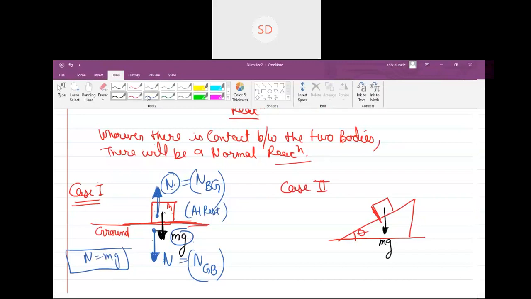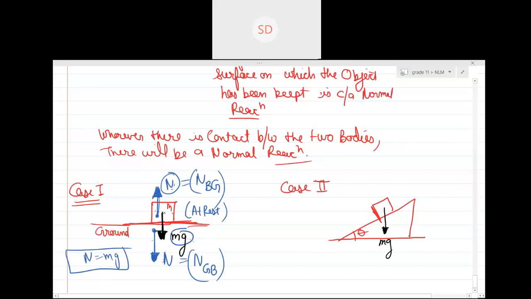What will be the direction of n? Can you see, the direction of n is this: the surface on which the object is placed, so perpendicular to this surface, away from this surface. This is the direction of n on the block due to the inclined plane.